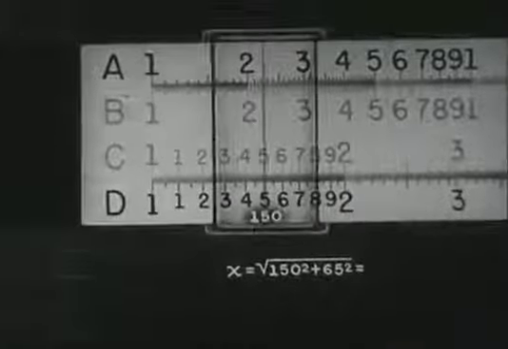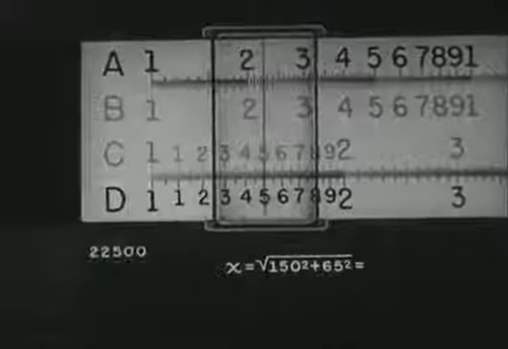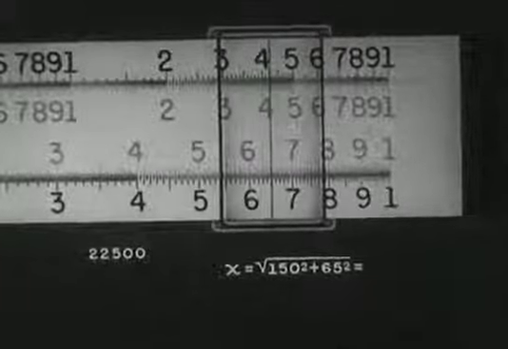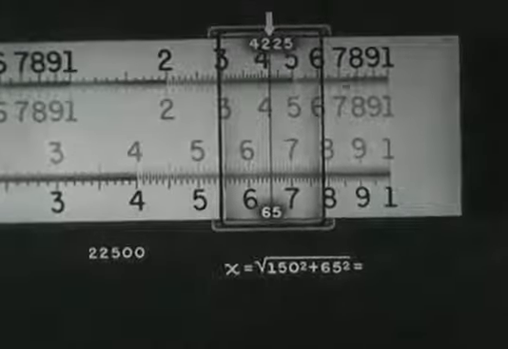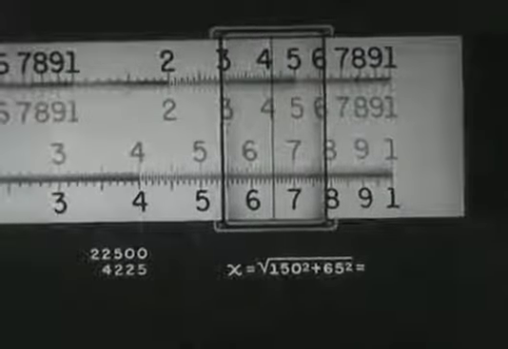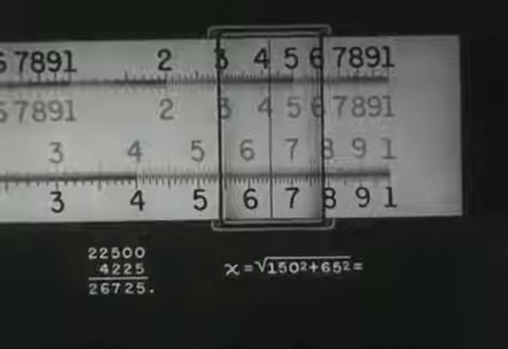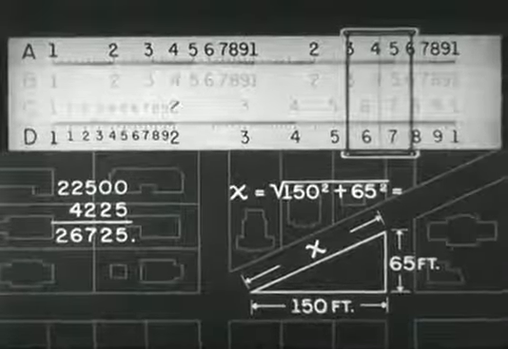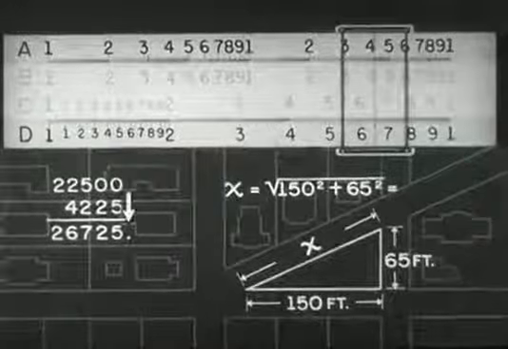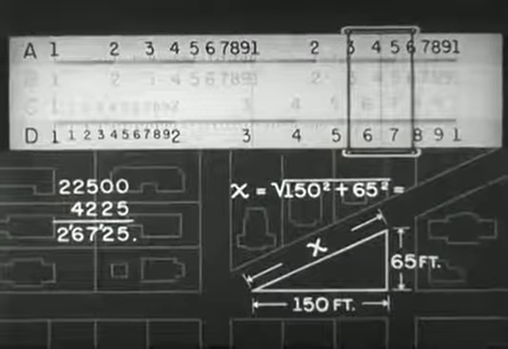We square 150 and obtain 22,500. Square 65 and put down 4,225. Adding these, we get 26,725. The square root of this figure will be the hypotenuse, x. By marking off, we see we must use the left side.